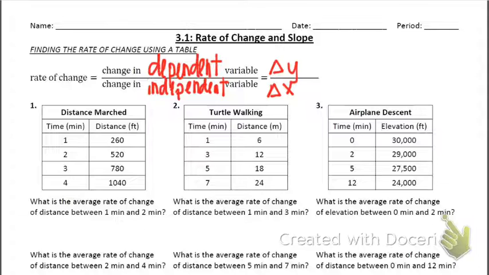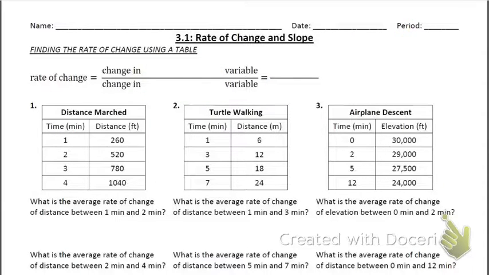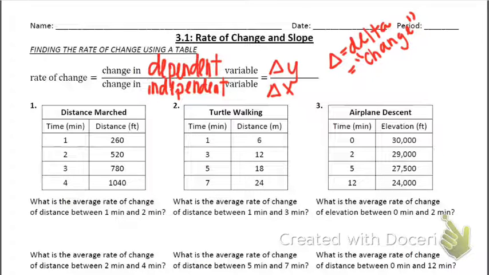And then off to the side, I'm going to write that the triangle symbol equals delta, which is the same as the word change. Okay. So in math, the triangle symbol is also the Greek letter delta, which stands for change.